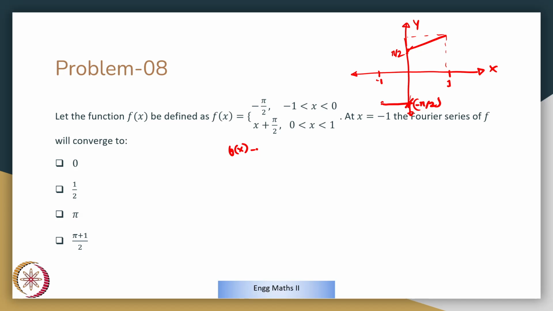So this gives us our function f of x, and we will make a few observations. Firstly, f of x is a piecewise continuous function. Secondly, for f of x, one-sided derivatives exist.